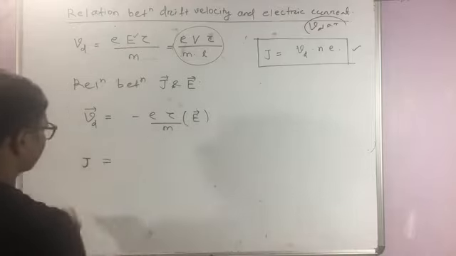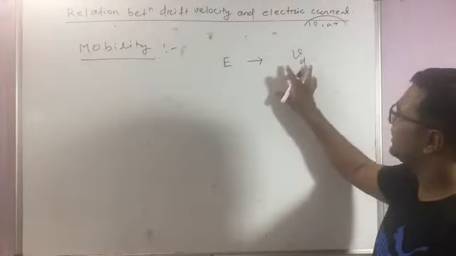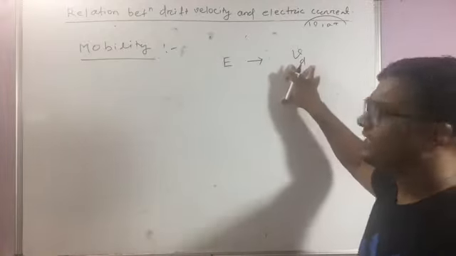Suppose there is a conductor, and in that conductor you are applying electric field E, and the drift velocity you found to be Vd.